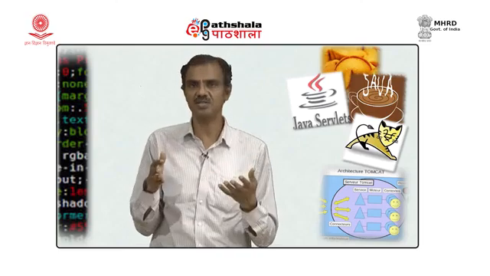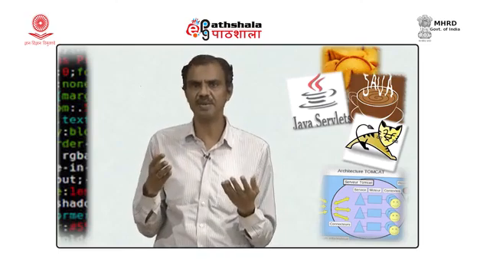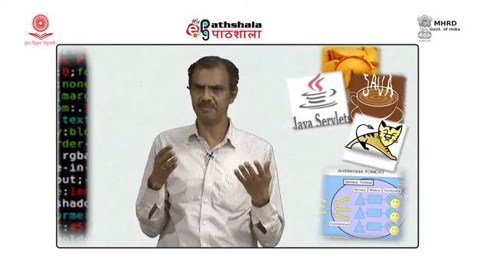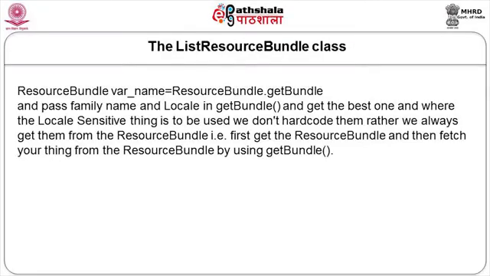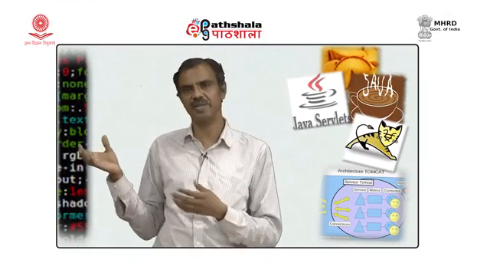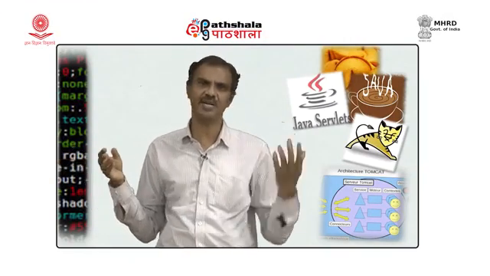Once you have the resource bundle, we start using it in an application. To start using it in an application, what does the application do? The application would declare a variable equal to ResourceBundle.getBundle, and you pass the family name and the locale as parameters, and get the best one.